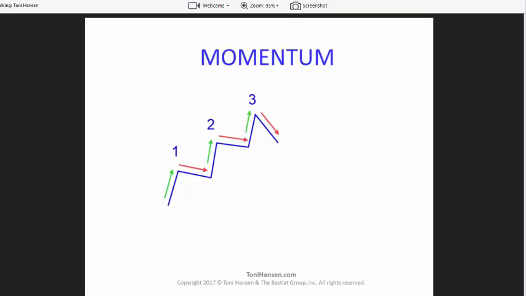When we're looking at how momentum plays a role, if this was a chart of any sort of security, you pick it, it could be forex, futures, whatnot, we're looking at the trend movement.